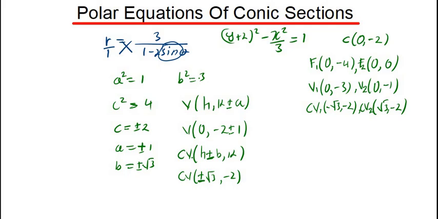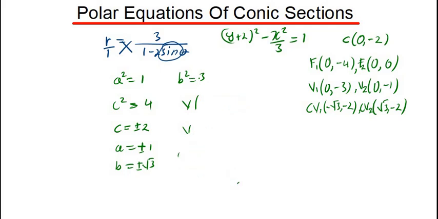So what else do we have to find? We have the foci, we have the vertices, we have the co-vertices. We also have to find the asymptotes. For the asymptotes, we say y minus k is equal to positive or negative b over a, times x minus h.